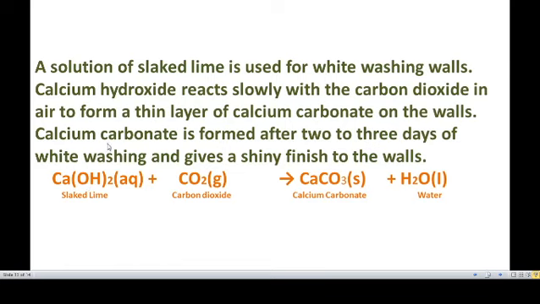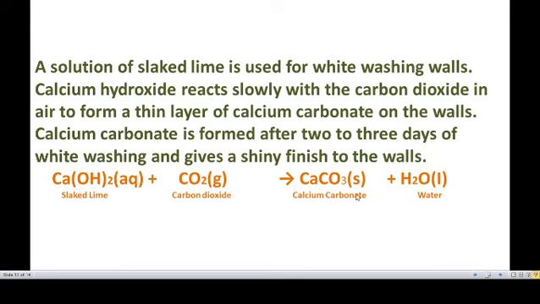The calcium hydroxide applied on the walls reacts slowly with the carbon dioxide present in the air to form a thin layer of calcium carbonate.